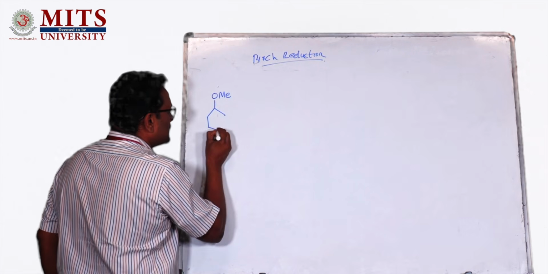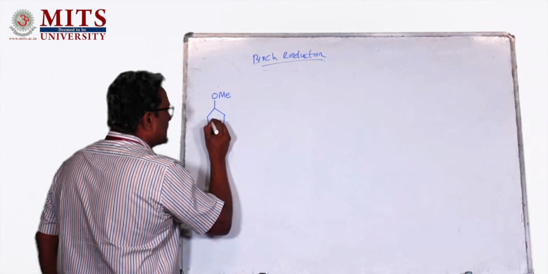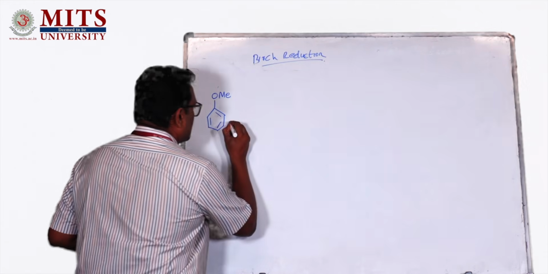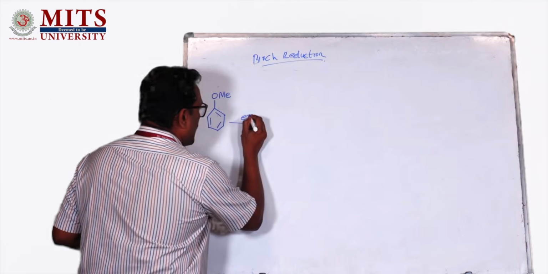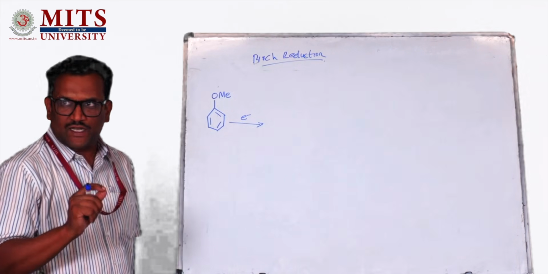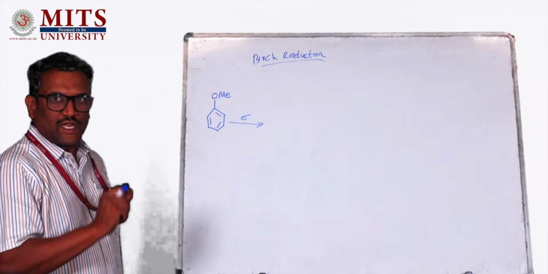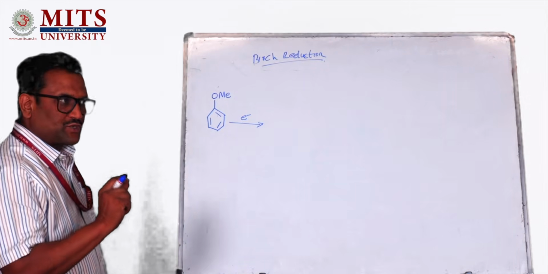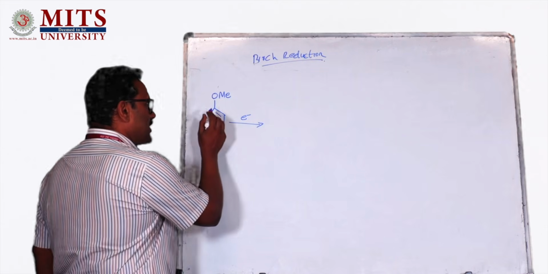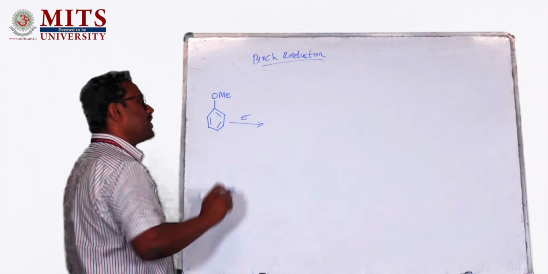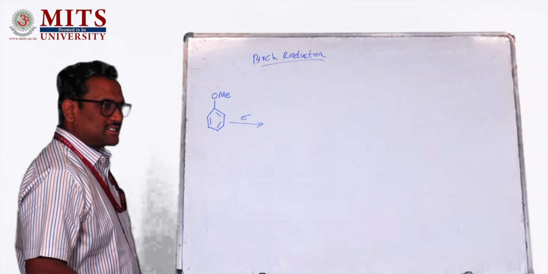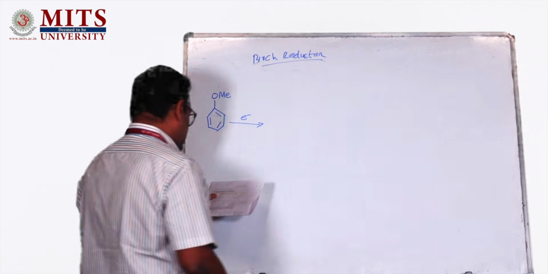As we know, the methoxy group is an electron donating substituent. As I mentioned before, an electron withdrawing substituent promotes proton abstraction at ipso and para positions, whereas an electron donating substituent promotes proton abstraction at ortho and meta positions.